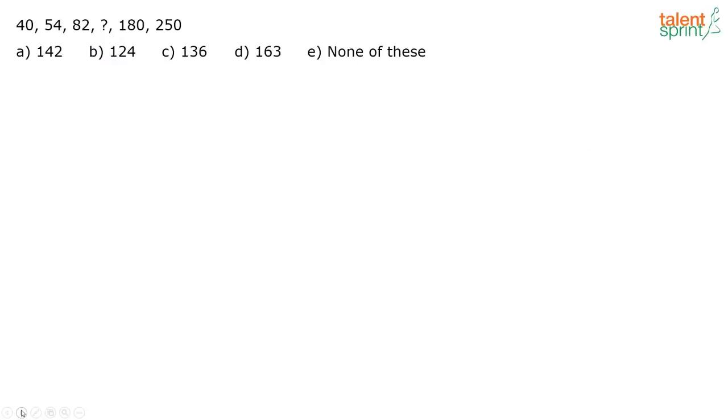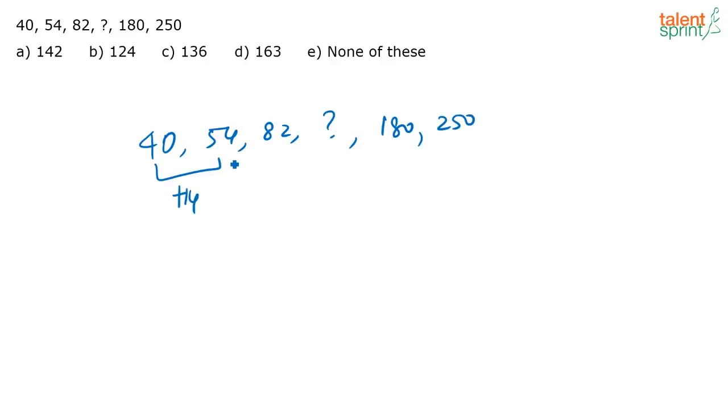Next one, 40, 54, 82, question mark, 180, 250. Fairly easy pattern this is, okay. What is 54 minus 40? That is 14. 82 minus 54, 28. Okay, so that's the pattern, correct. 40, 54, 82, question mark, 180, 250. So here the difference is 40 plus 14 is 54. 54 plus 28 is 82.